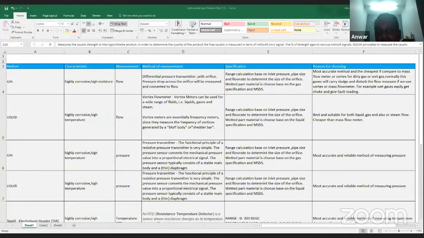But for the pH, it is basically measured at the stream itself, where you have continuous monitoring on the discharge, so that the pH is between 5 to 9. And let's say you have a pH outside this operating envelope.